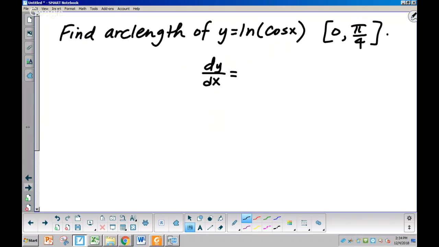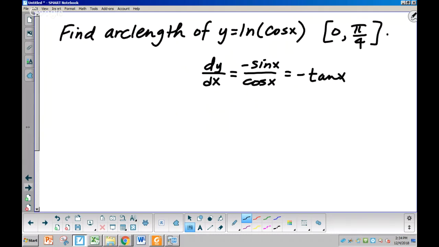Okay, so what's the derivative of this? Oh crap. It'd be 1 over cosine x times negative sine x. See, this is a nice little review of the chain rule of derivatives.